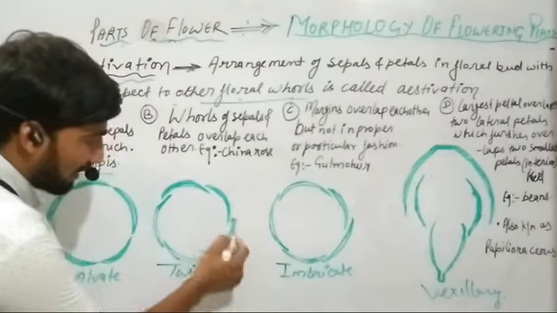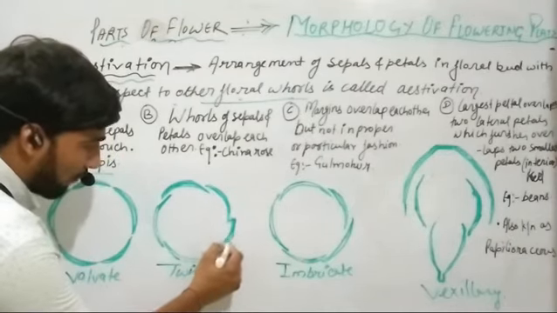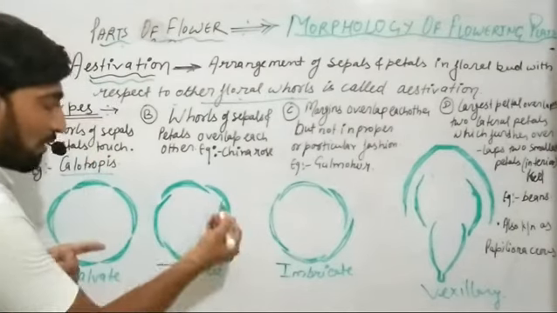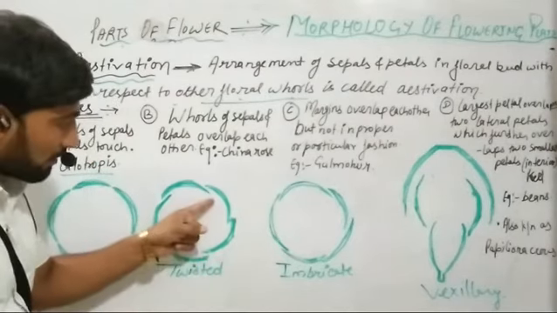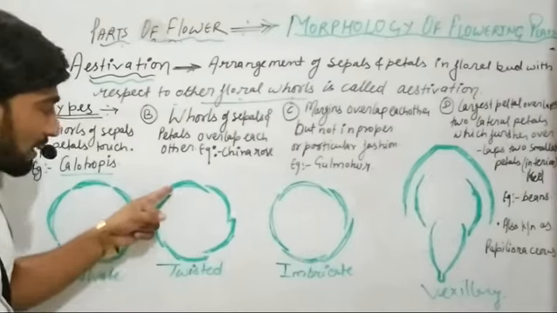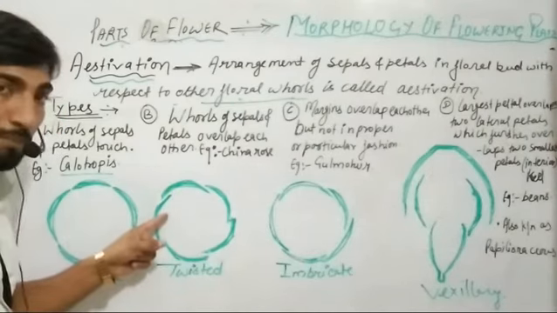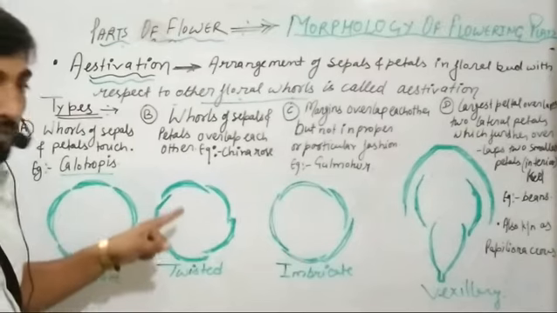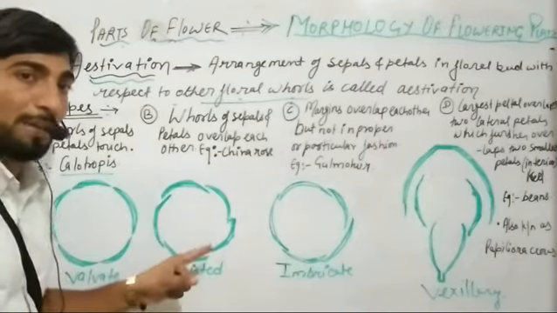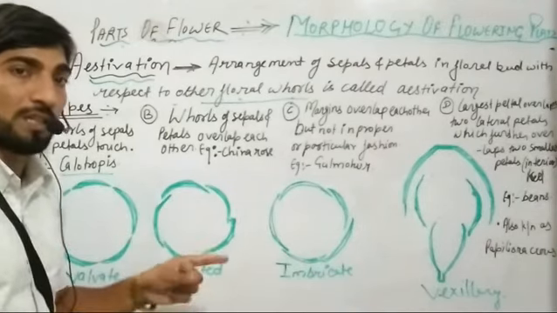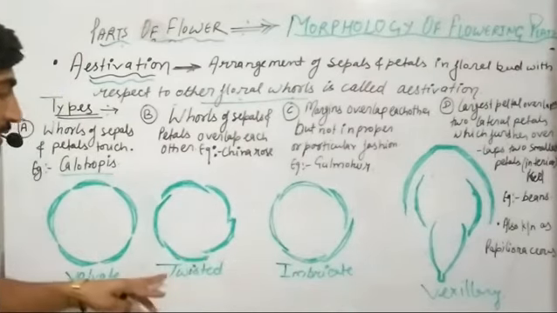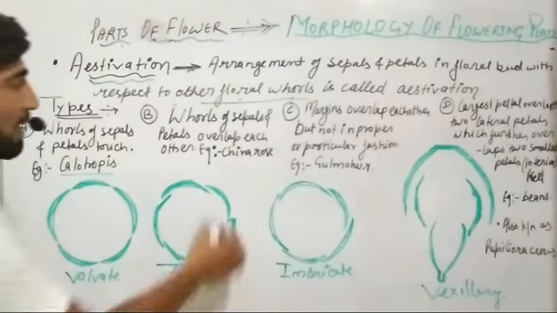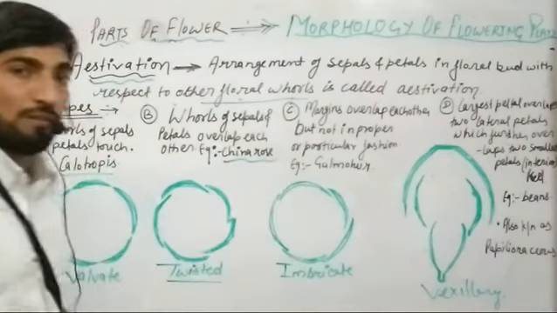The same pattern is seen in the whole flower. One end of a petal is overlapped, and the other part is overlapping the other petal. The case in which the sepals and petals overlap each other in a particular manner is known as twisted estivation, and the example is China rose flower.